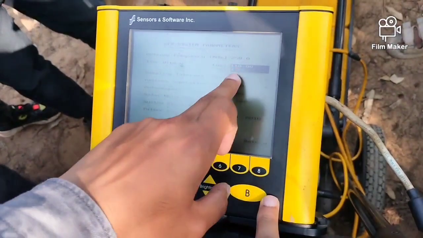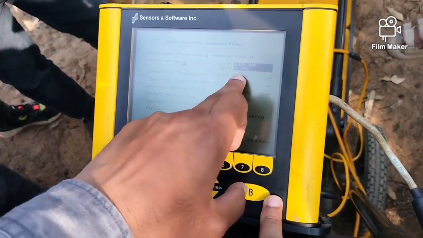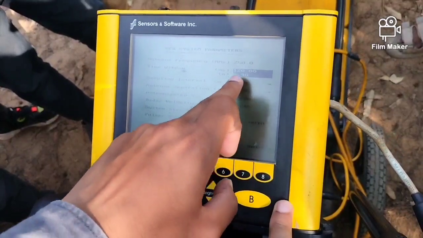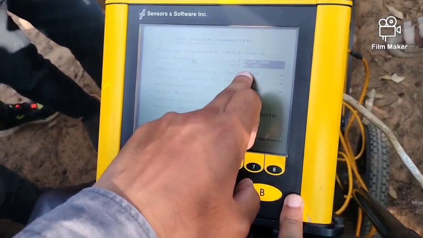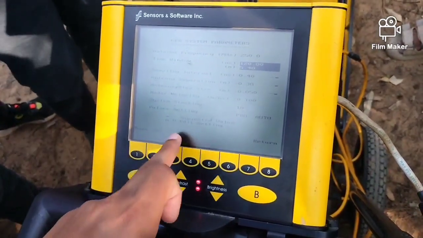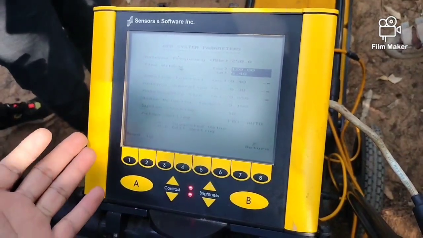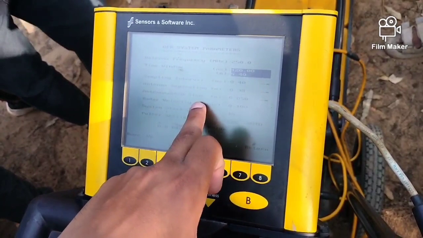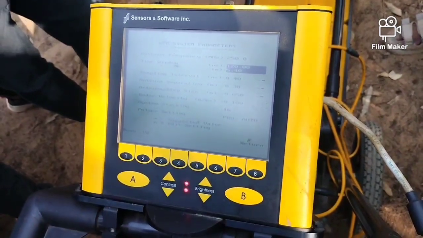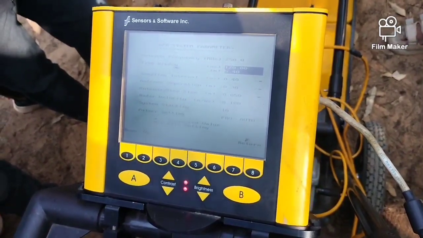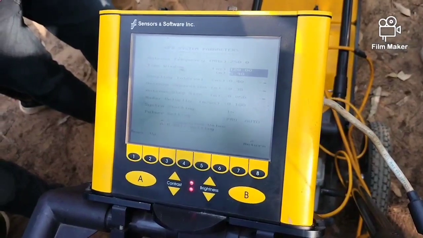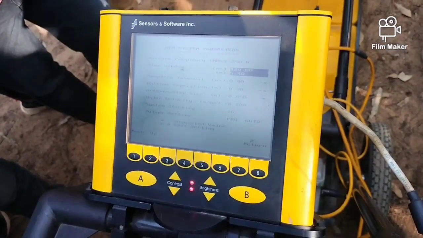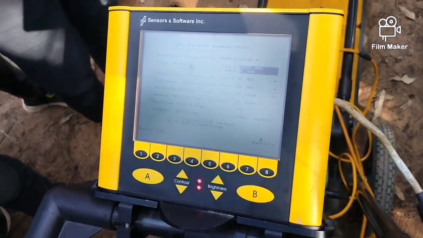If you go to 110 nanoseconds, it's 4.95. If you go to 120 nanoseconds, it's 5.4 meter. So there is some depth velocity which is already set. In this case, this is radar velocity, which is 0.1 meter per nanosecond. But this may not be the actual velocity, because GPR uses radio frequency, and its velocity changes based on the subsurface condition.